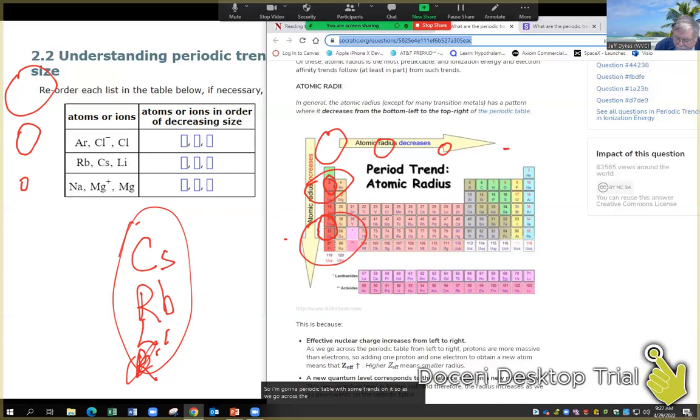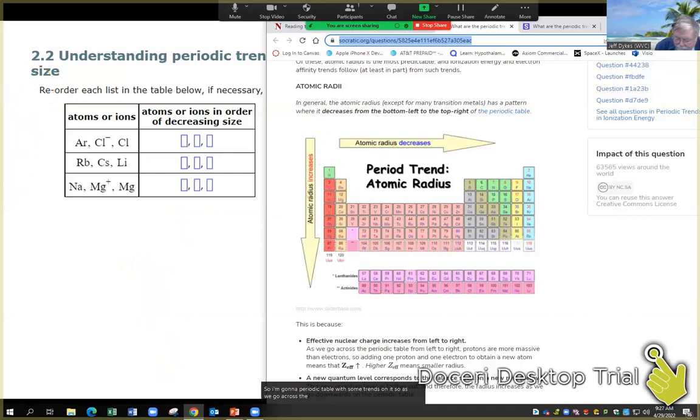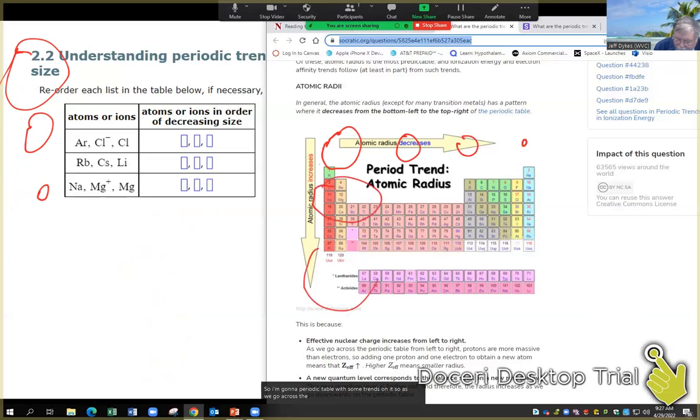We do the third one. So we're going to go from big size to little, and then this gets bigger and bigger. Okay, so now we're going to look at sodium and magnesium. So sodium is right here.